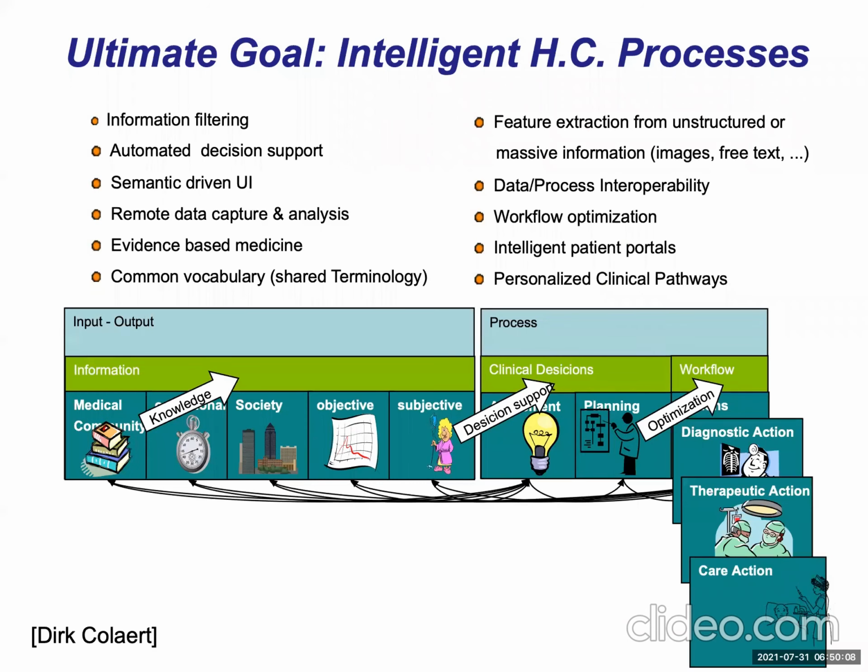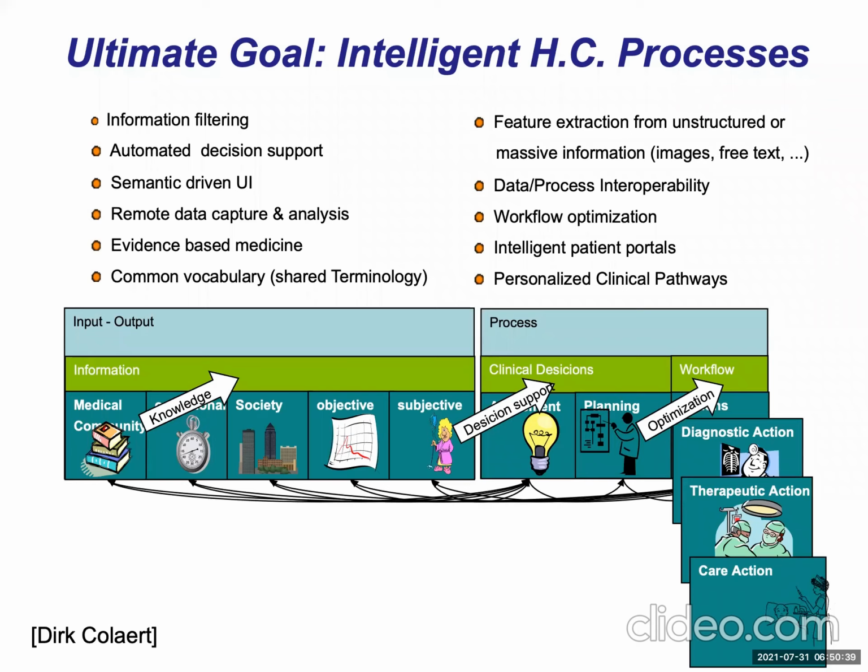And the ultimate goal is to build intelligent healthcare processes that address the problems I just mentioned. I'm going to list only a few here. We need efficient information filtering, automated decision support, and semantic-driven user interfaces that are intelligent and know how to deal with people based on their context, their history, their preferences, what they have been doing, their daily activities, and so on.